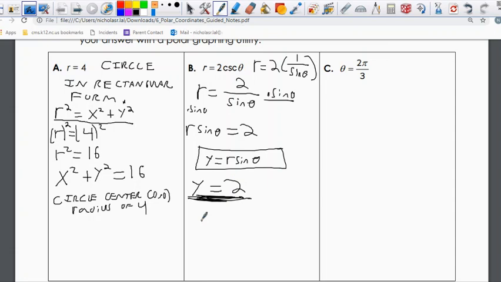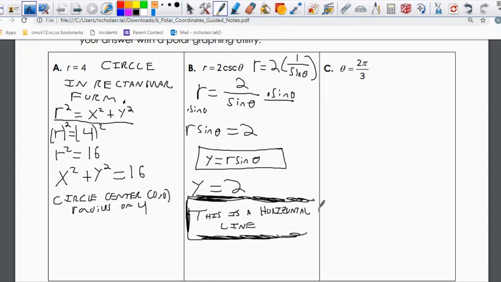So this is a horizontal line. All right, so that's A, that's B. Let's try C. Theta is equal to 2 pi over 3.